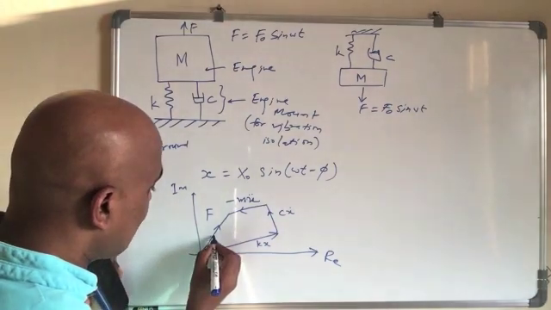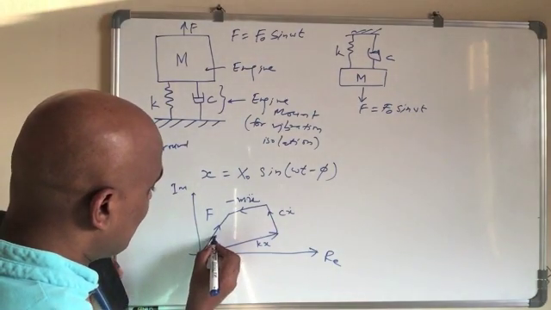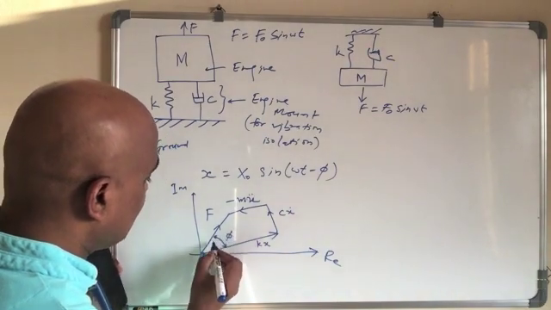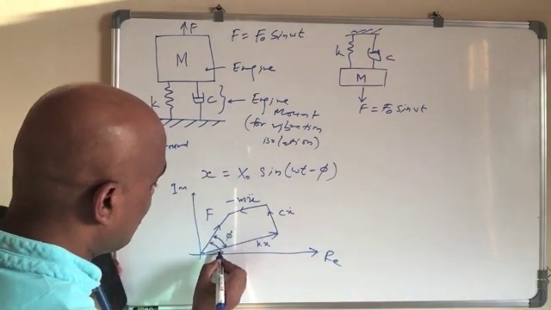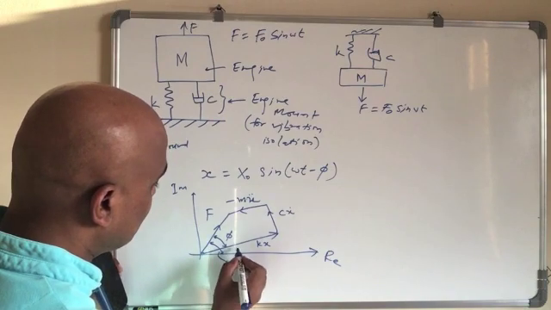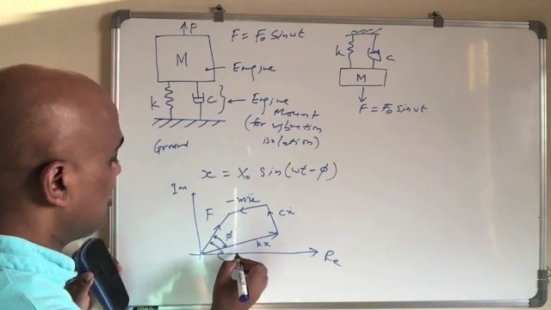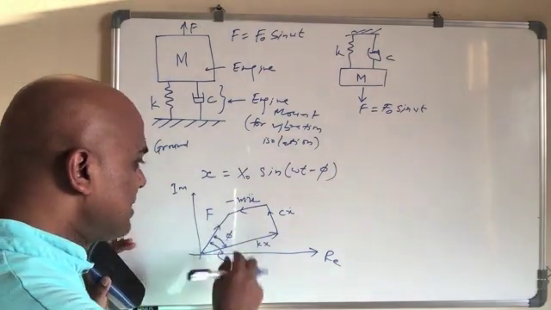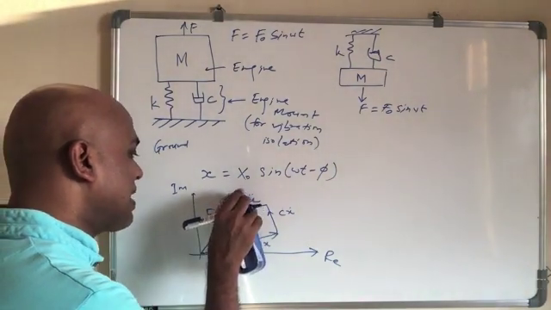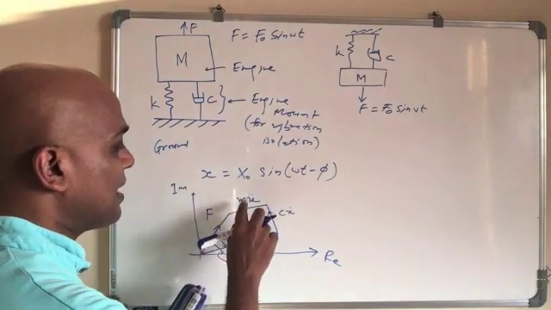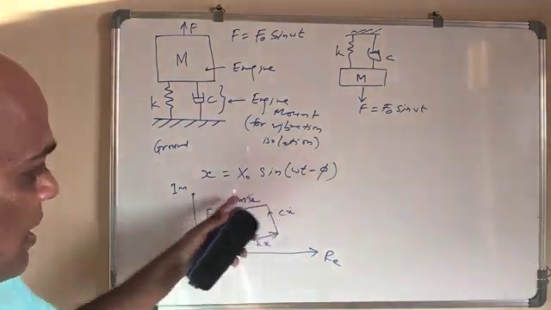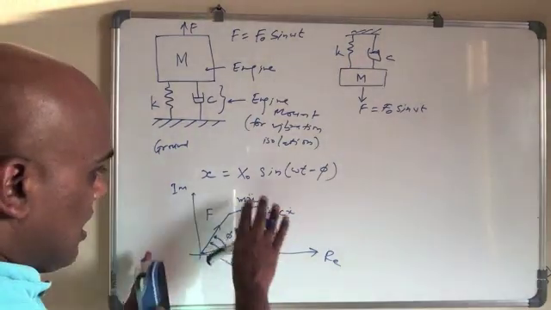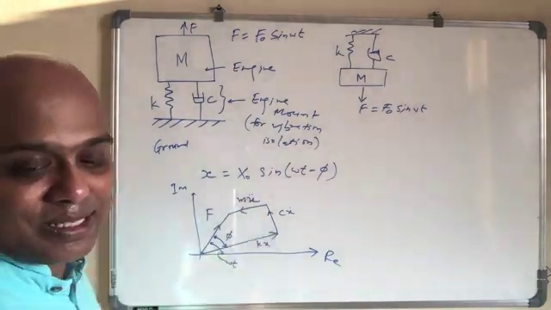From here to here was phi, here to here was omega t, and hence here to here omega t minus phi. So this is the picture. So instead of minus, let's call it mx double dot. This is how all the forces look in the vector plane.